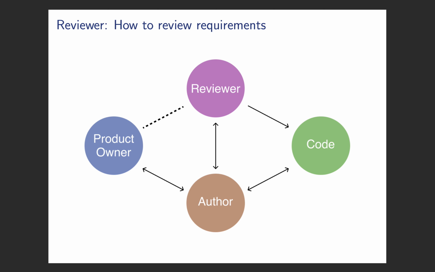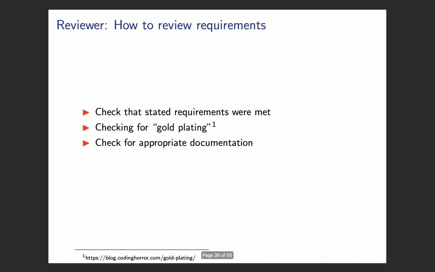That sort of thing. So I think there's still some utility in reviewing the requirements. And then you can of course review that we actually documented the requirements when that's necessary. I'll link to a pretty good article on gold plating.